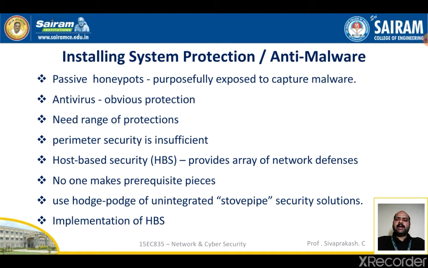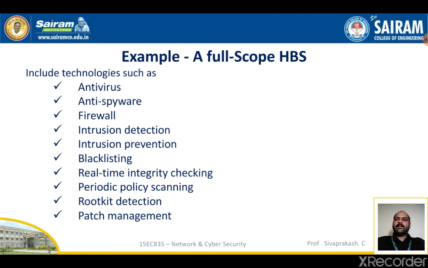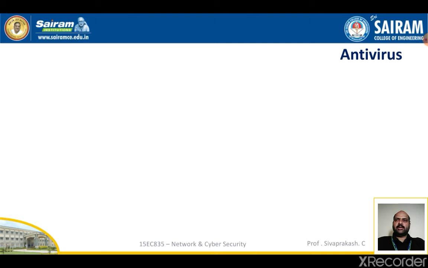Let's see an example of a full-scope HBS, which includes technology such as antivirus, anti-spyware, firewall, intrusion detection, intrusion prevention, blacklisting, real-time integrity checking, periodic policy scanning, rootkit detection, and patch management. Let's see them one by one in detail.